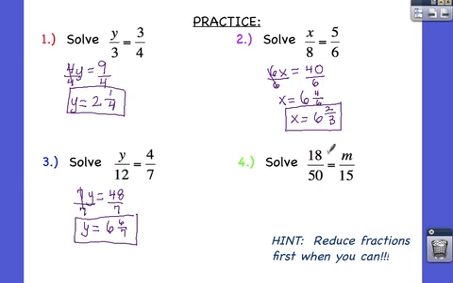And number 4, you can use the hint of reducing fractions first when you can. So notice we are not going to cross-reduce like we would with multiplication, but since these are each fractions that are set equal to each other, we can reduce the fraction 18 over 50. So I can first start by reducing it to 9 over 25 if I divide them both by 2.